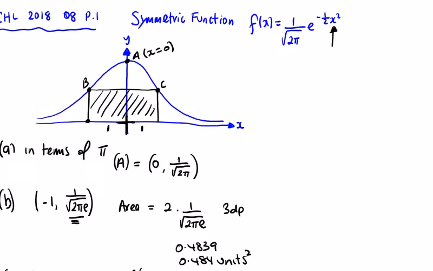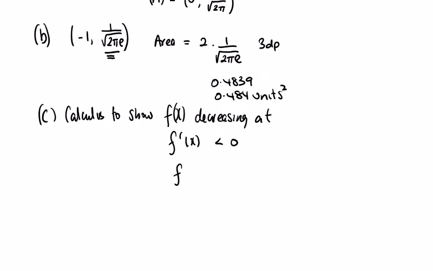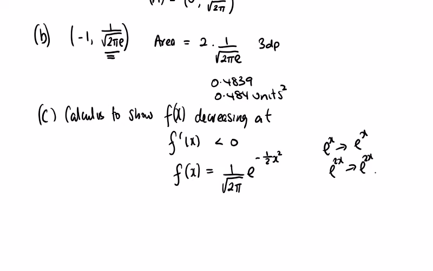You can see it here, 1 over the square root of 2 pi times e to the power of minus a half x squared. So when we differentiate e to the power of x, it goes to e to the power of x. E to the power of 2x goes to e to the power of 2x times the differentiated power, which is 2. So we're going to have to differentiate this power here.